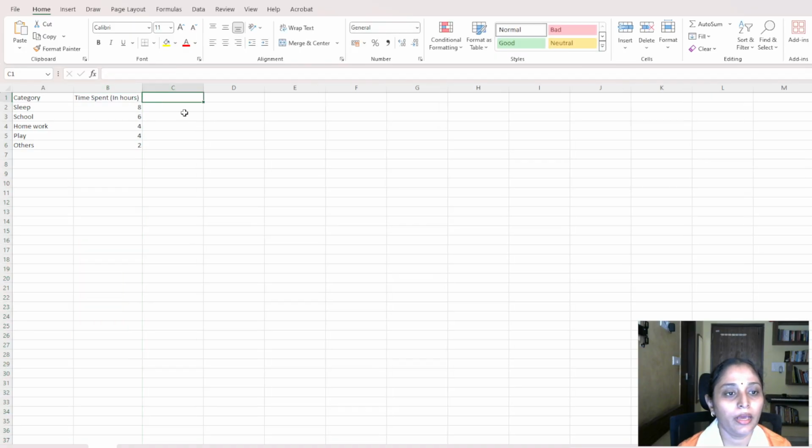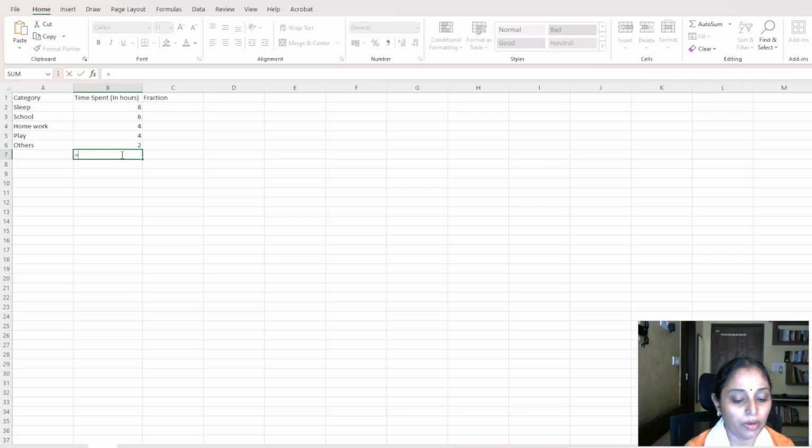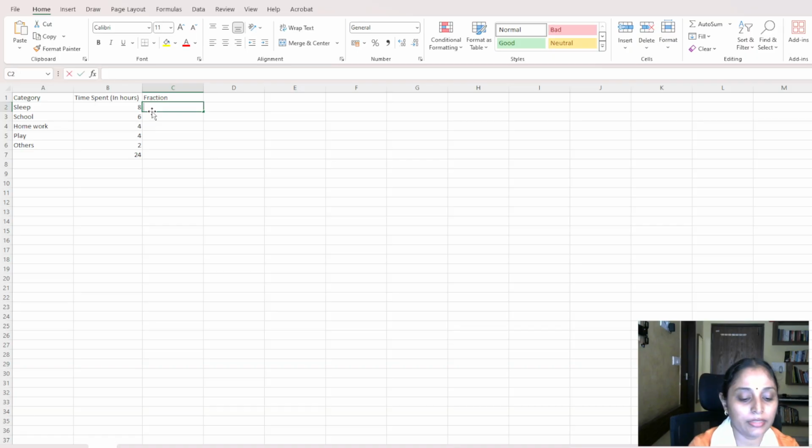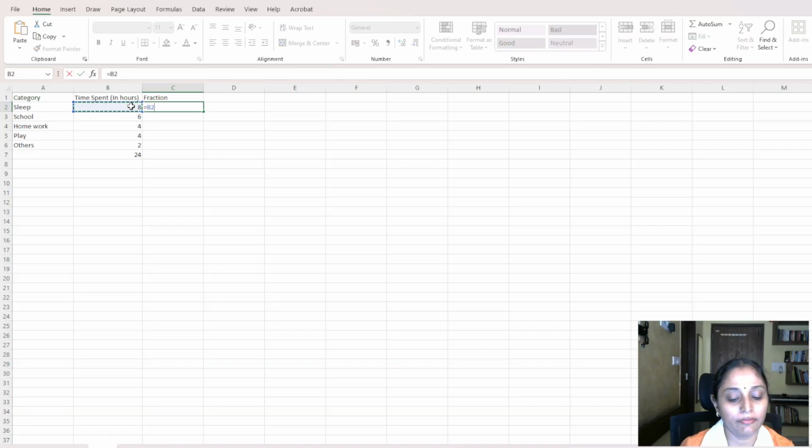We will be using this and calculating the fraction. In order to calculate the fraction, you know that the total amount of time you have in a day is 24 hours. So what do you mean by fraction? You have to take this 8 hours and divide it by the total, which is 24, and then you will get the fraction.